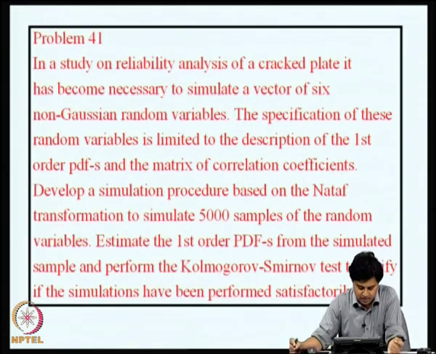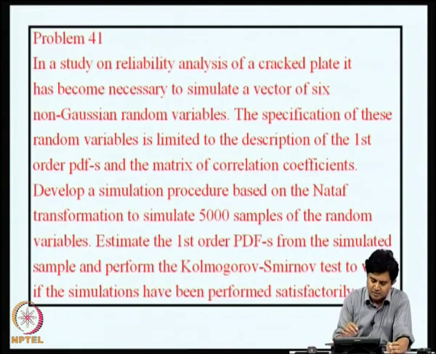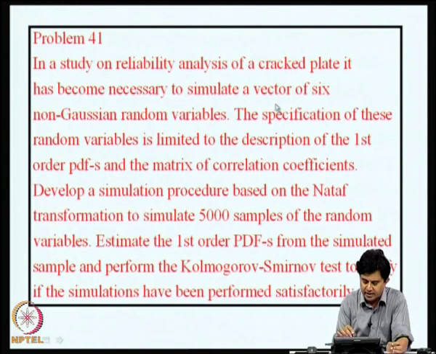Now, this is a problem on simulation of random variables. We consider a problem in reliability analysis of a cracked plate. We consider a situation where we are asked to simulate a vector of 6 non-Gaussian random variables. The specification of these random variables is limited to the description of first order probability density functions and the matrix of correlation coefficients.